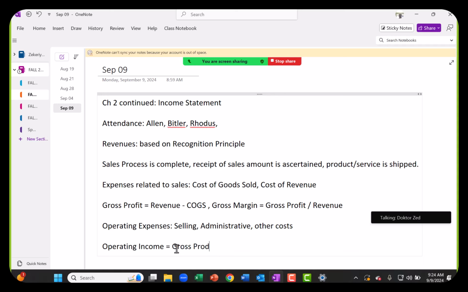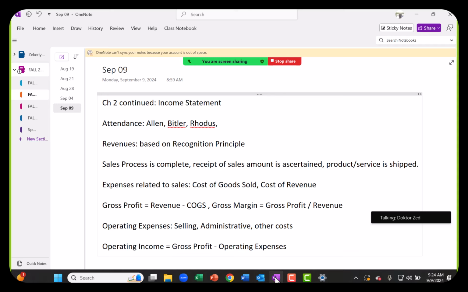Gross profits minus operating expenses. You could also express that as a percentage of revenue. Then you call it operating margin.